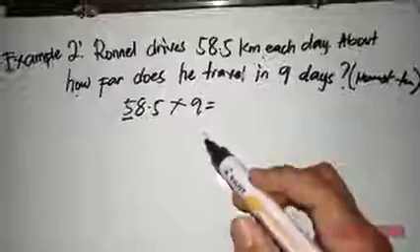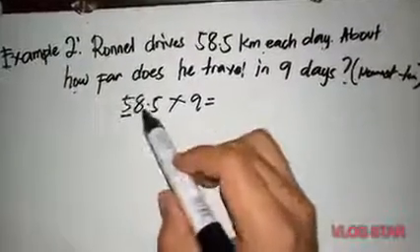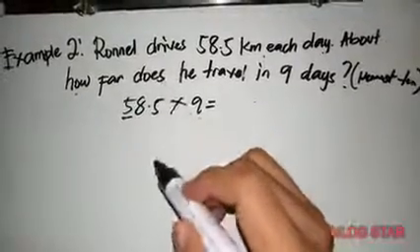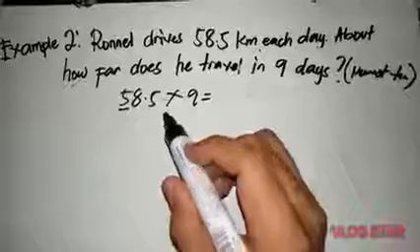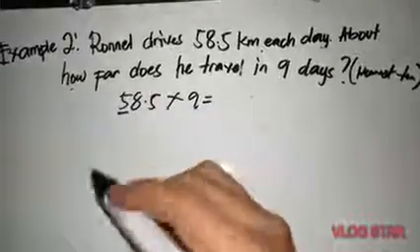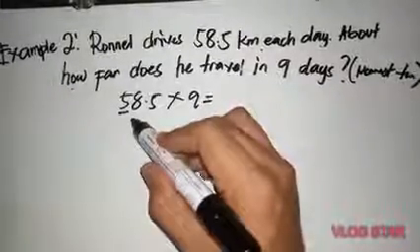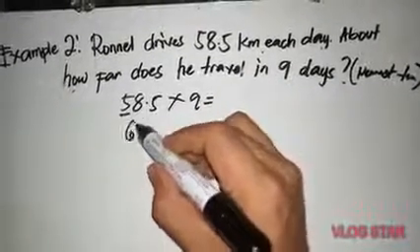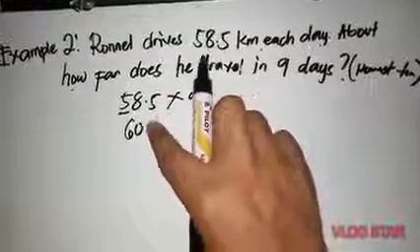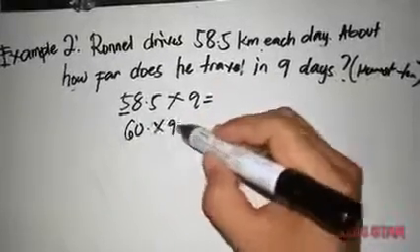Since we round to the nearest 10, and the digit next to 5 is 8, greater than 5, we round it up by adding 1 to 5, then the rest will become 0. So this will turn into 60.0, or just 60, times 9.